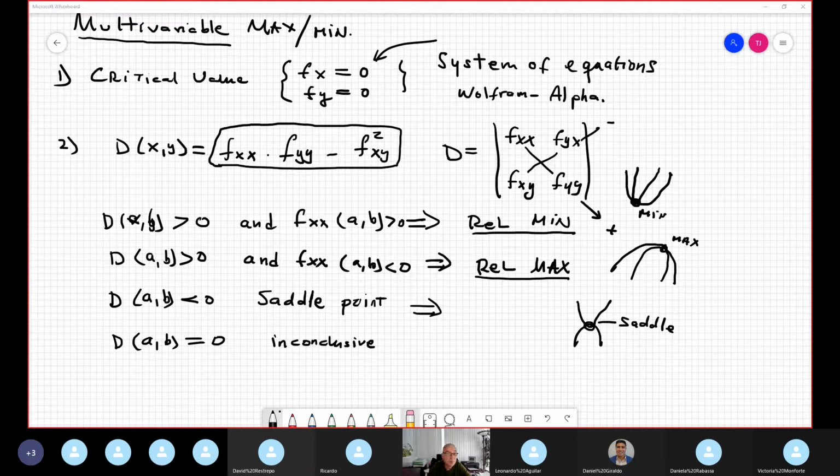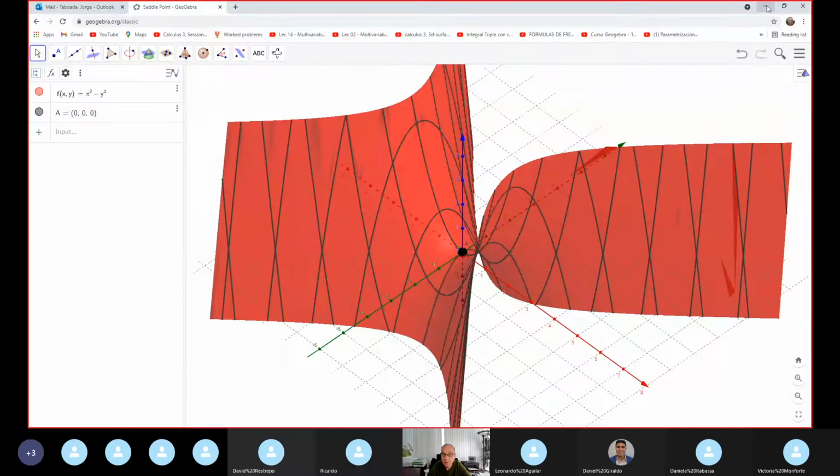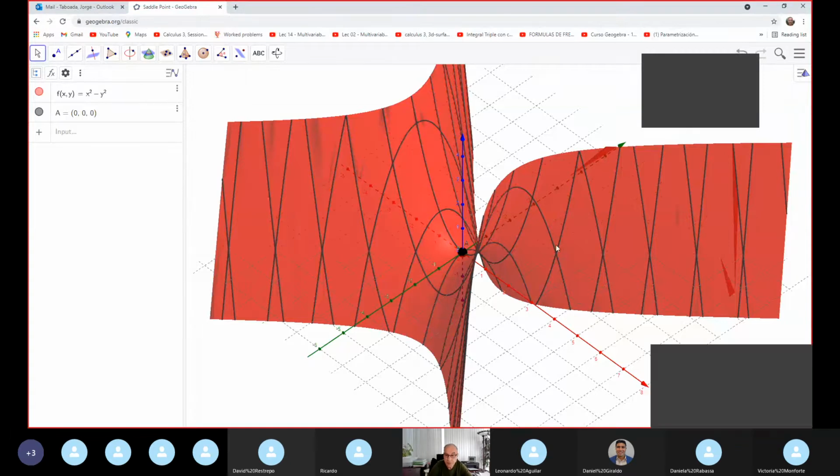Look, let me show you a saddle point. Switching to GeoGebra. Do you see GeoGebra now? This is the easy example of the hyperbolic paraboloid.